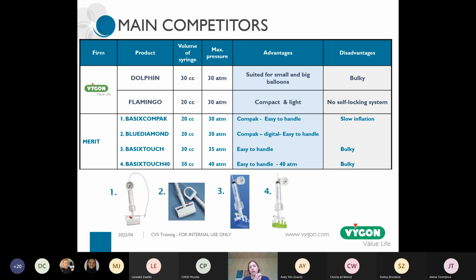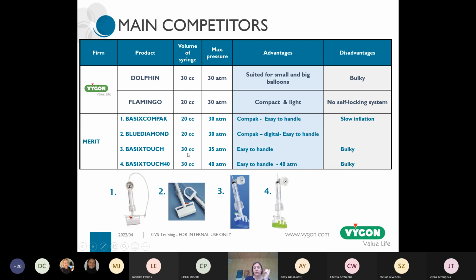There are a lot of inflation devices. You have a very famous Basic Compact. This is the main competitor for Flamingo. The advantage is that it is compact and easy to handle, and the disadvantage is that it is very slow to inflate.